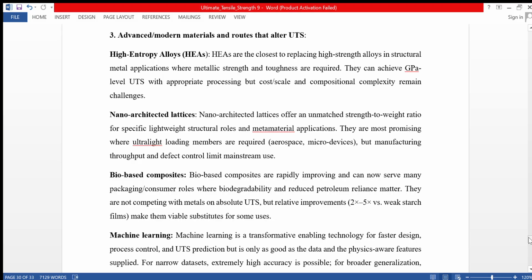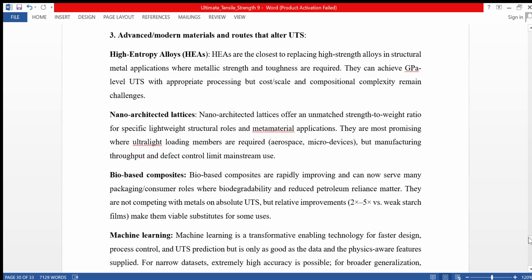Next point is advanced or modern materials and routes that alter UTS. HEAs are the closest to replacing high-strength alloys in structural metal applications where metallic strength and toughness are required. They can achieve GPa-level UTS with appropriate processing, but cost of scale and compositional complexity remain challenging.